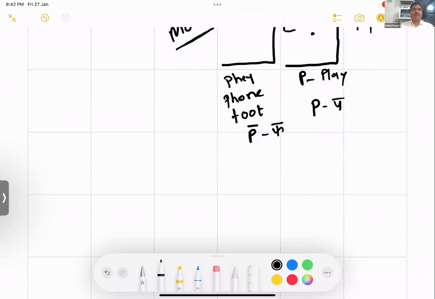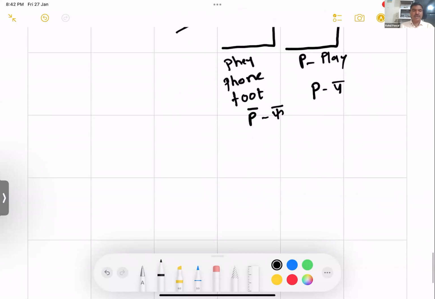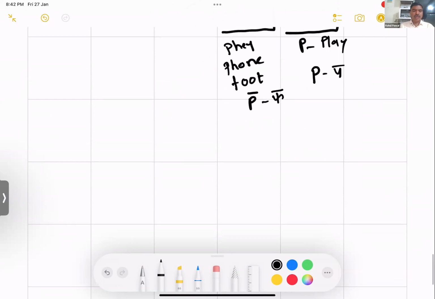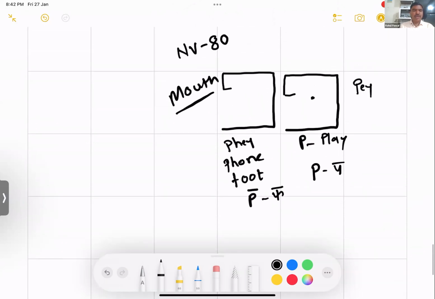The next letter of the Hebrew alphabet is Sade. Sade is a little difficult to write, but if you watch very carefully, then you will observe. Also, before going to Sade, this Pay also has a Sofit form, called Pay Sofit. How to write Pay Sofit? You have to extend this portion below the line of writing.